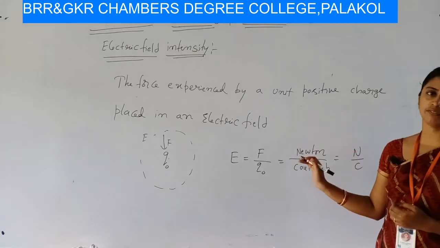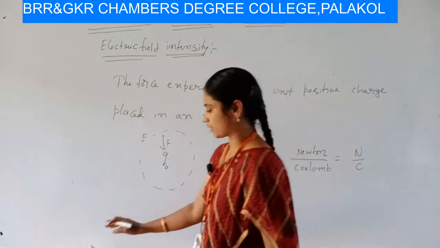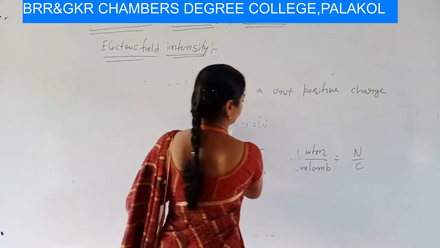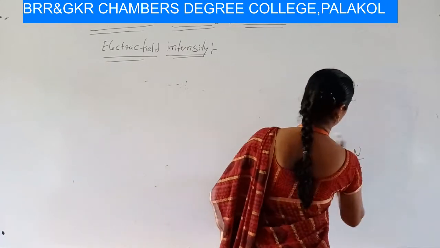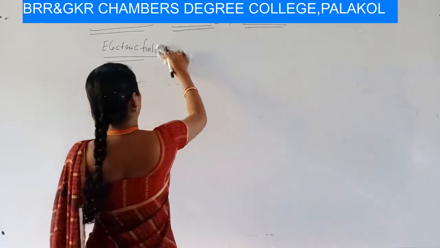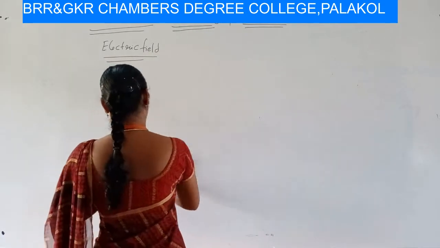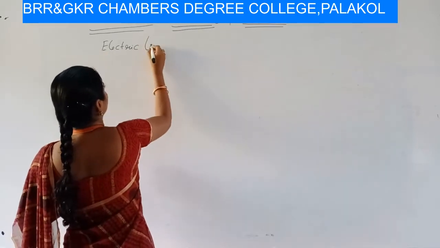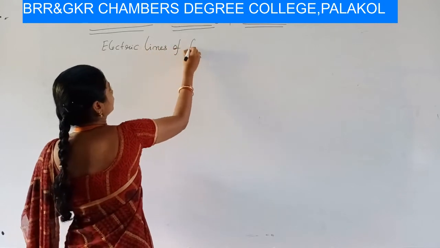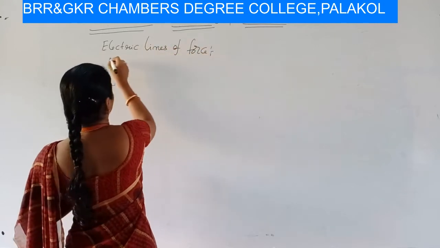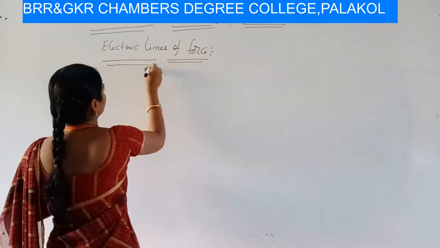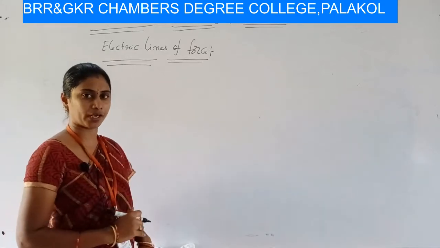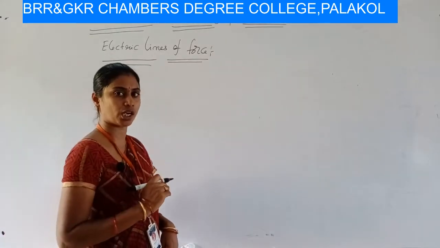Then we go for the next definition, which is electric lines of force. This electric lines of force is an imaginary smooth curve drawn in an electric field when a unit positive test charge followed.